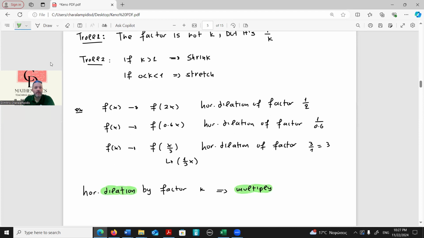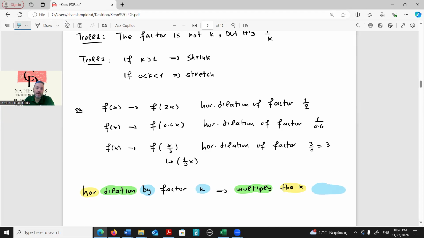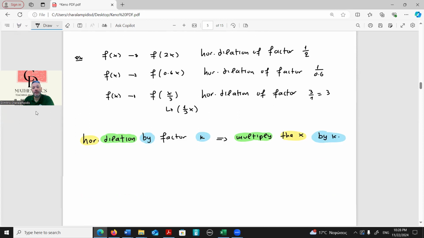Multiply the x, and that has to do with the horizontal part, the x, by that factor, by k.